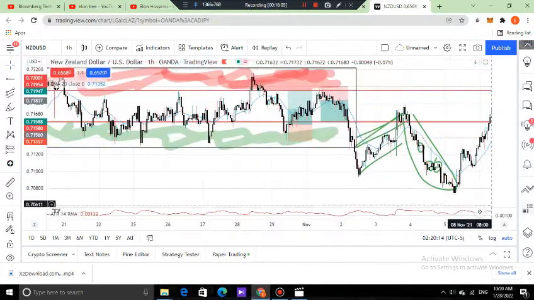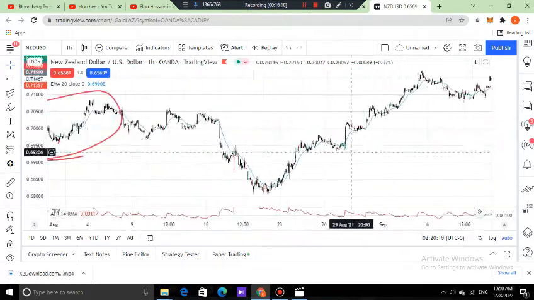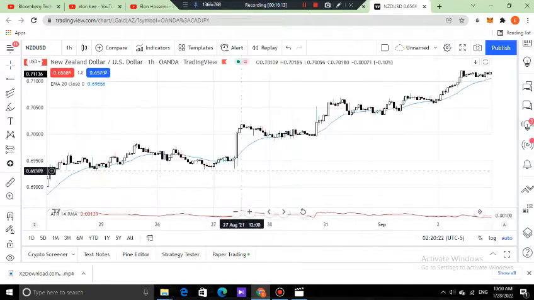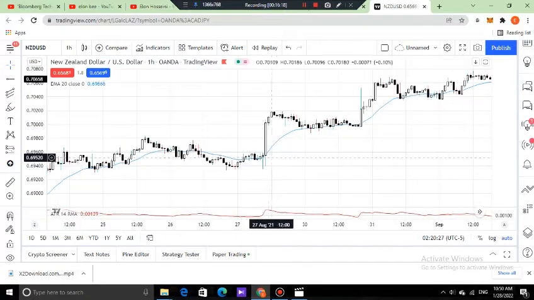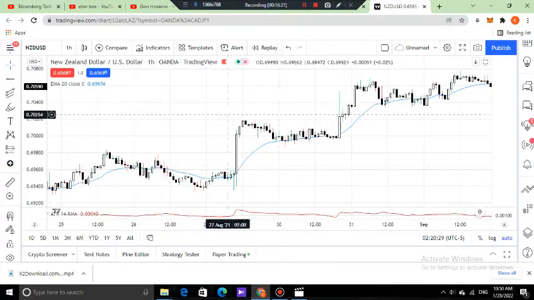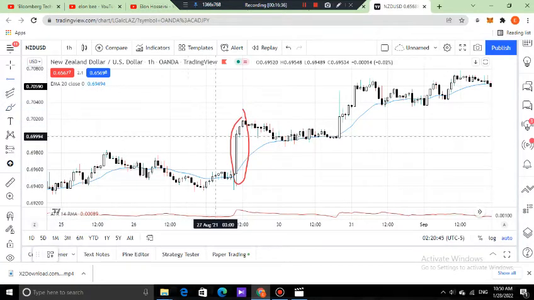You can also apply this in trends. It's not just about trading range. When you have a trend and you want to buy, you consider the recent leg when you are at this pullback, at this area. You consider the first two-thirds of the leg.